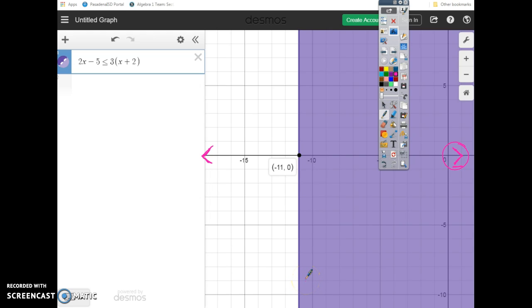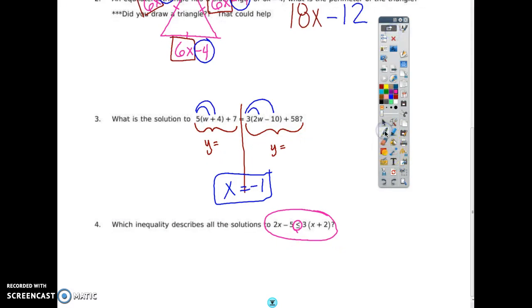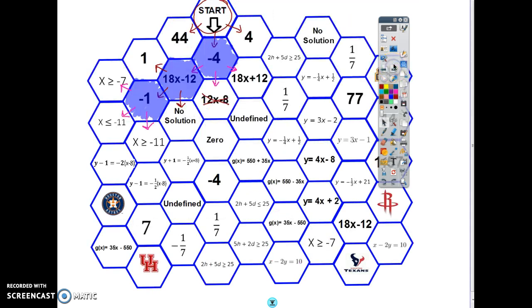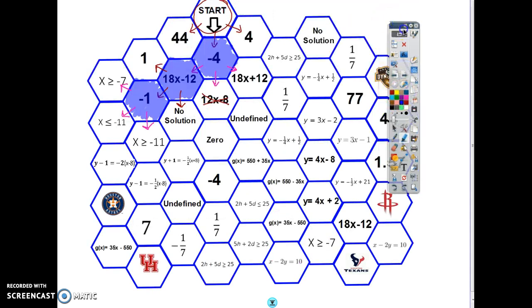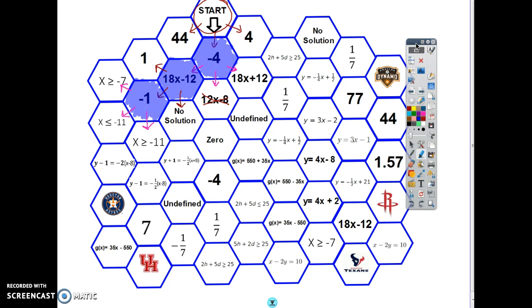So it's x greater than or equal to -11. Let's go write that down. X greater than or equal to negative 11. And let's go look at our answer choices. It would be this one. Okay?